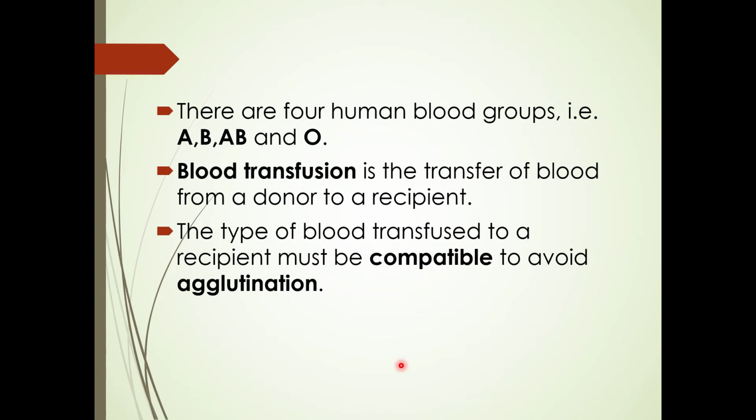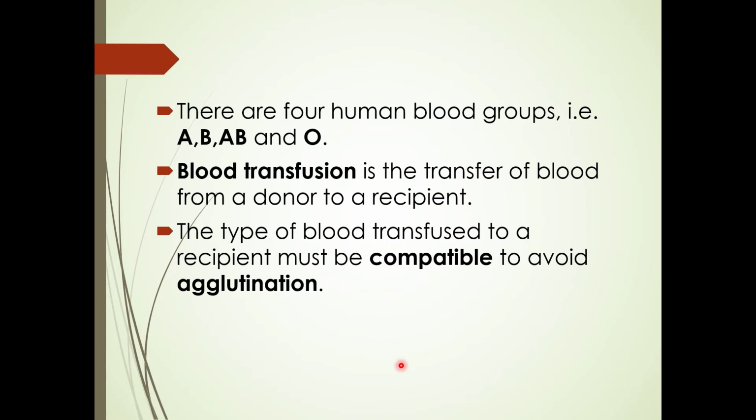So they need a blood transfusion, from a person that has the same blood type, or maybe from O blood, because O is actually the universal donor. That means they can donate blood to any type of blood.